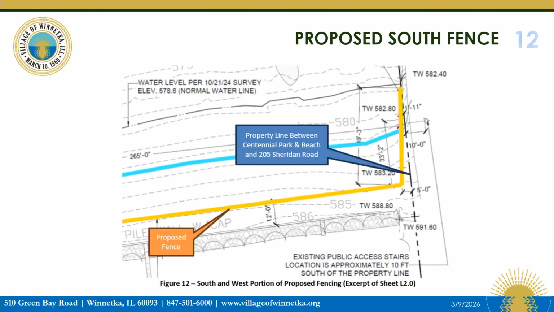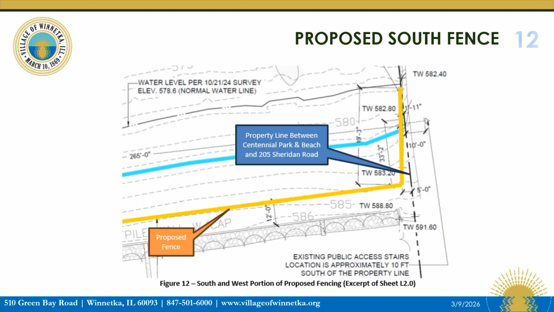Now, given the proximity of the proposed fence to the south property line, it's important to note the distance between the property line and the stairs that go over the stone groin to the south is approximately 10 feet on the property to the south. At this location, the fence would be 1 foot 11 inches from that south property line to where the fence begins.